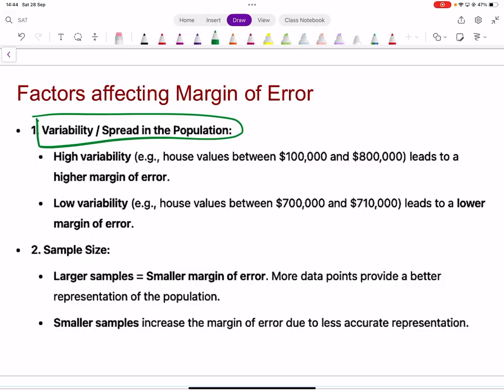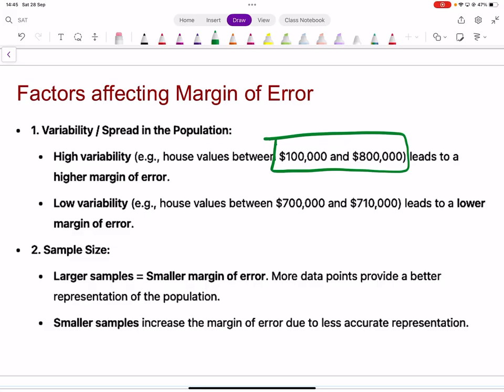Now, what does that mean? When you were doing that study of house values, let's say the sample that you took, the values were between 100,000 and 800,000. So the sample was very variable, right? The house value was going from 100,000 to 800,000.